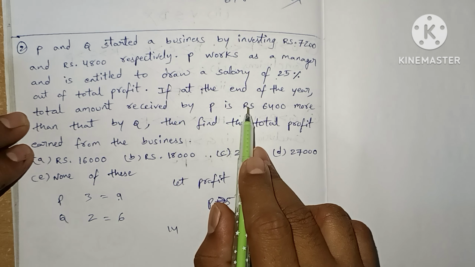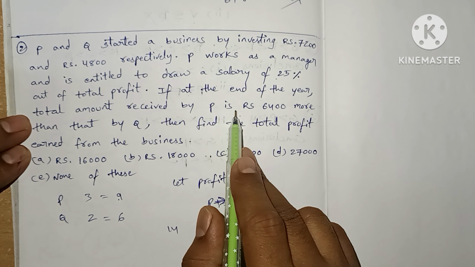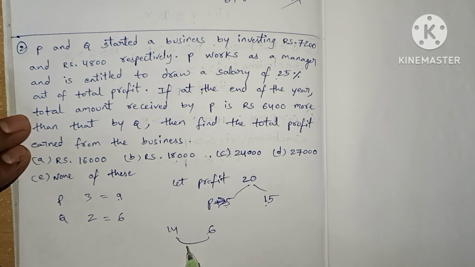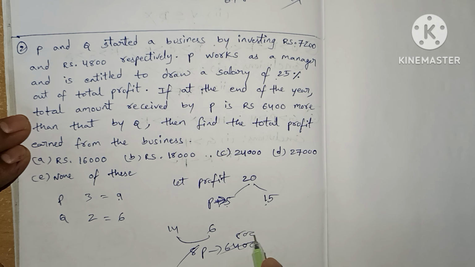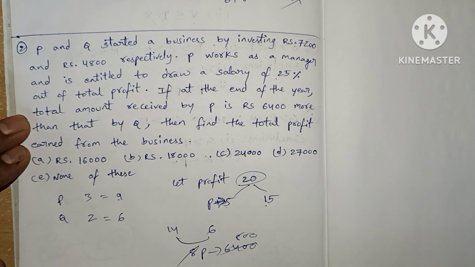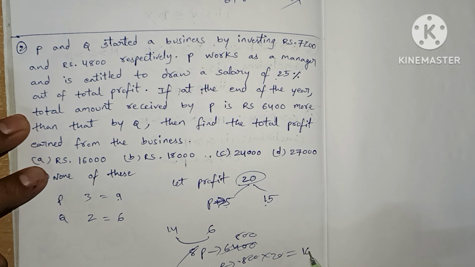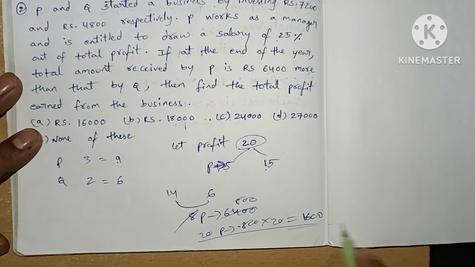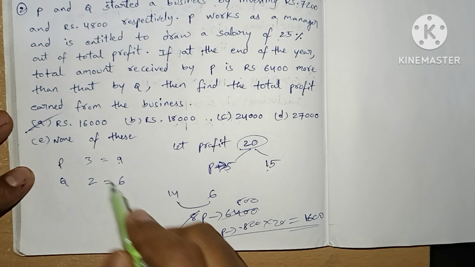The difference here is 8 parts. 8 parts value is 6400, means 1 part is 800. Total is 20 parts, so 800 into 20 is 16000. 20 parts value will be 16000. So our answer is option A.